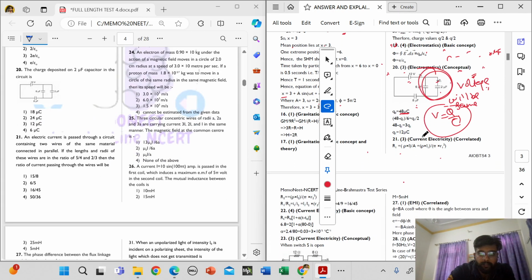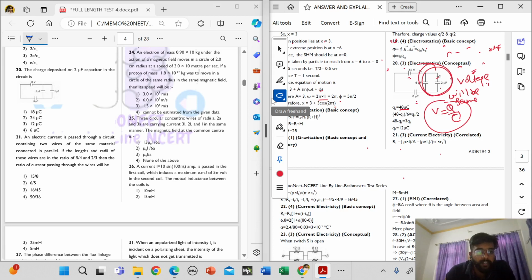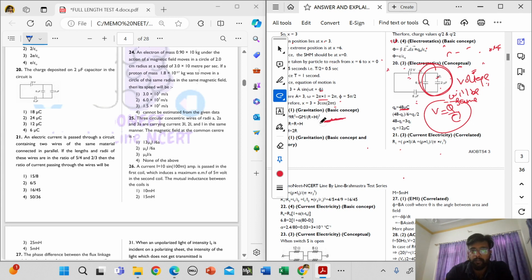Now next question, it is 21st question. Let an electric current pass through the circuit containing two wires of the same material connected in parallel. Suppose these are the two wires, connected in parallel.